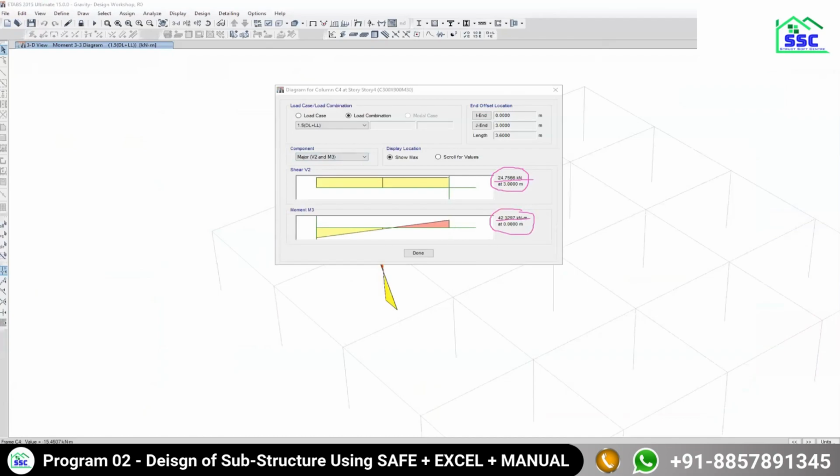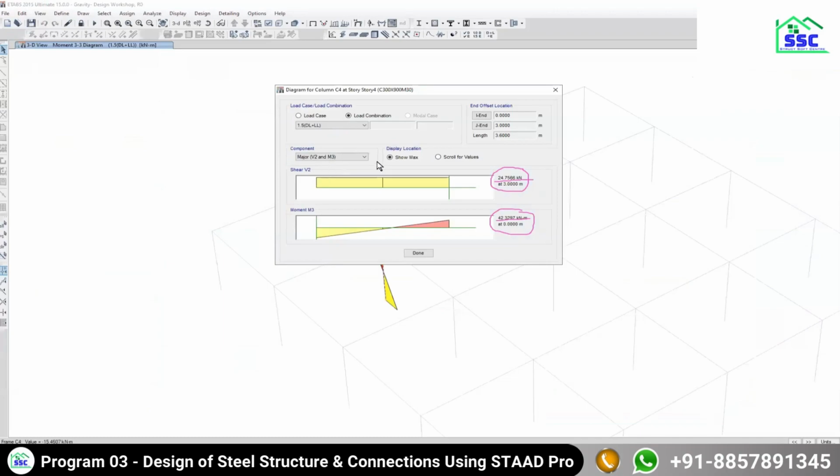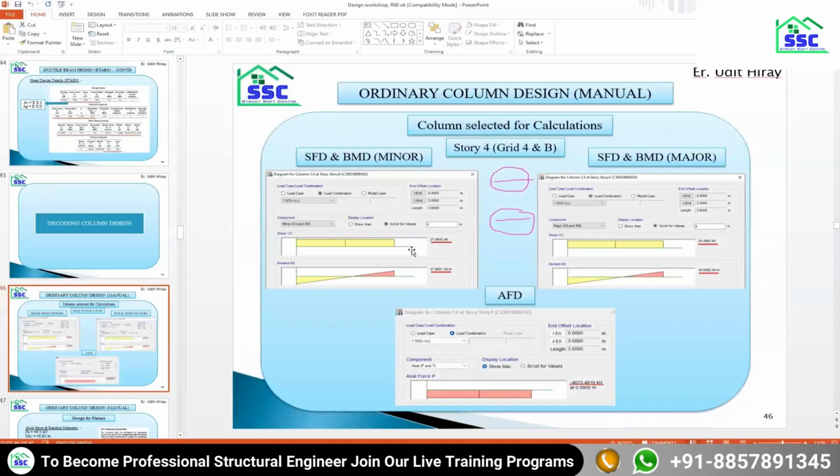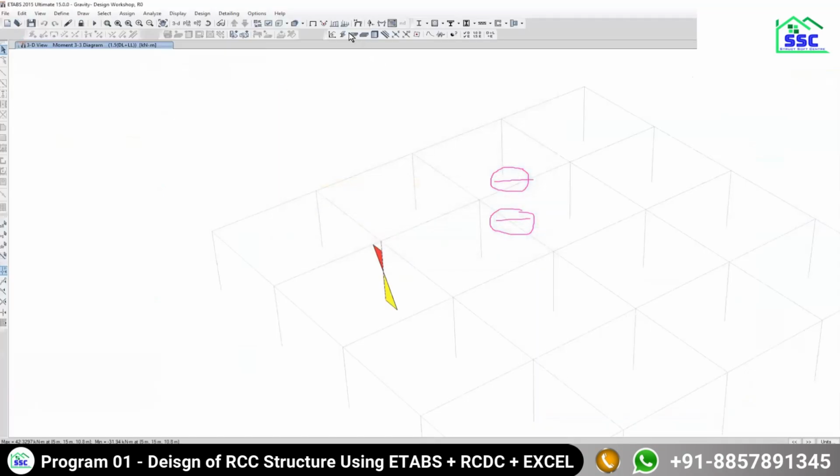So major moment is 42 and the shear is the same. Now let us see the minor shear and minor moment. Minor shear is 28 and minor moment is 48. This is similar to what we have taken for the study, 47, that is approximately 48, and 27. So this is how we have extracted the results for the ordinary column.